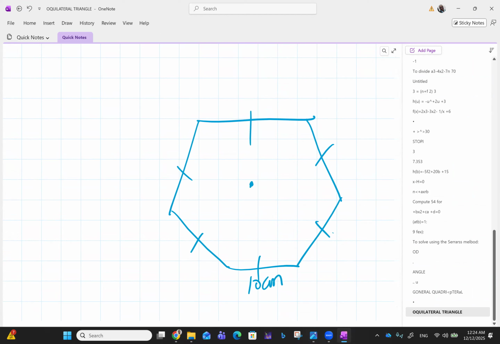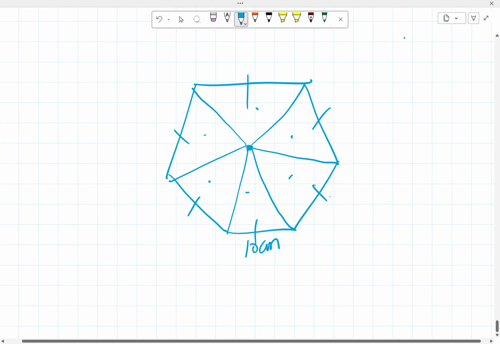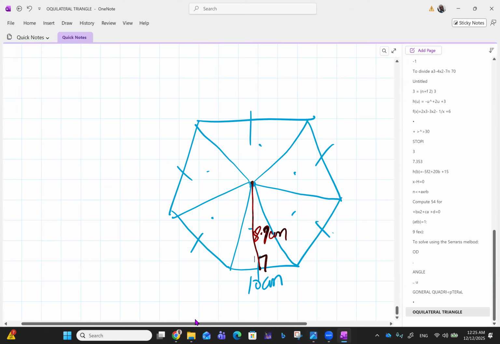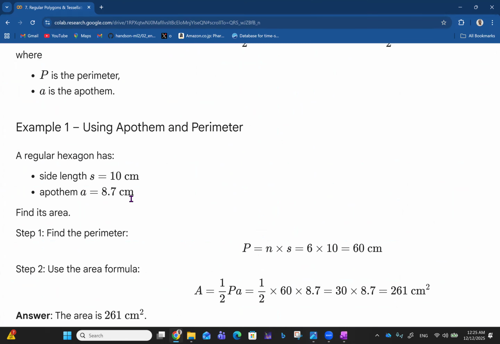For the center, you can have this center now, and from each vertex you draw a line to it. You have this, this, this, this, and this. If you count everything, you have 1, 2, 3, 4, 5, 6 as expected. The apothem is this one, the height you draw from here, and we said that apothem is 8.7 centimeters.